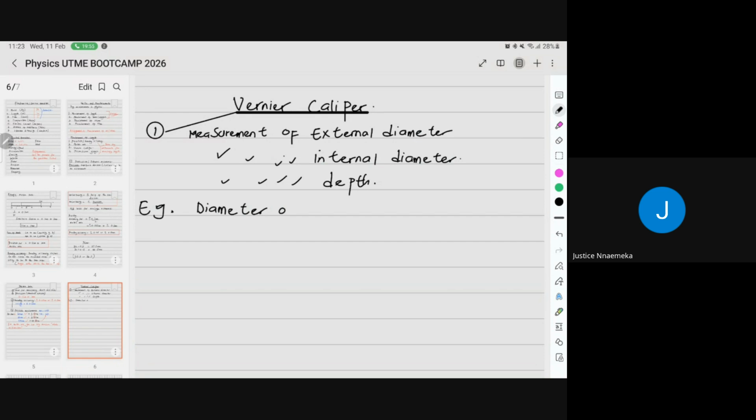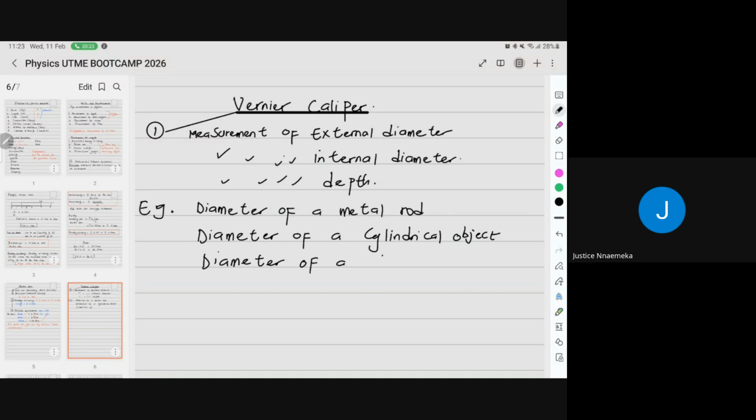You can measure the diameter of a cylindrical object, the diameter of a pipe, the diameter of a coin, the diameter of a tube.